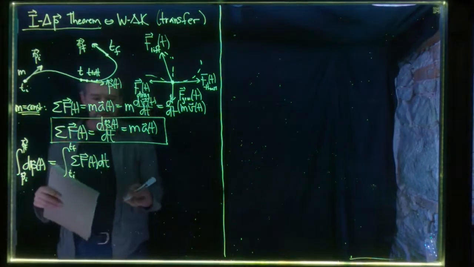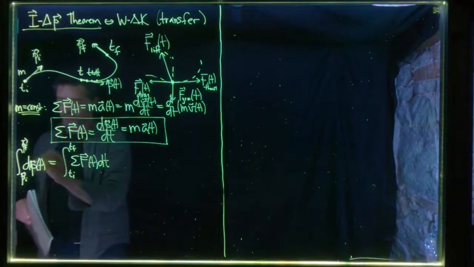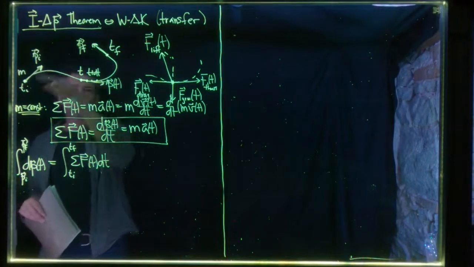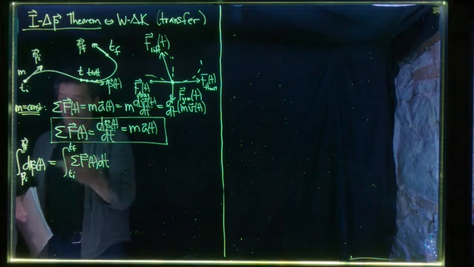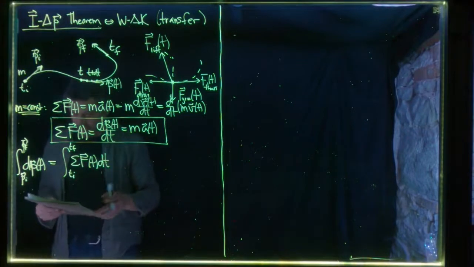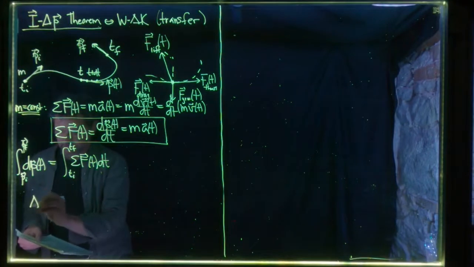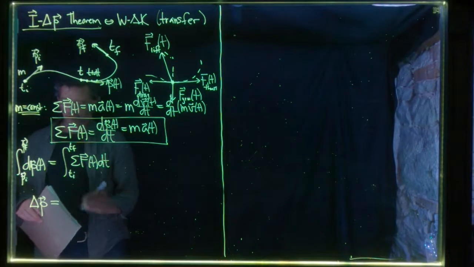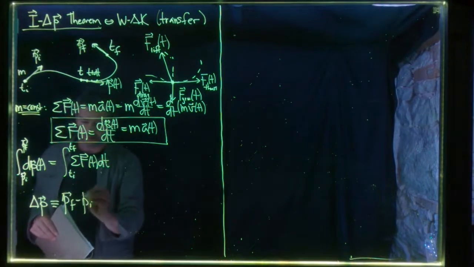And then the left-hand side here is equal to, we're just adding up the little infinitesimal changes in momentum that occur along the way. And if we add all those up, what we get is just p final minus p initial, which is delta p. So we get delta p on the left-hand side, which by definition is p final minus p initial.